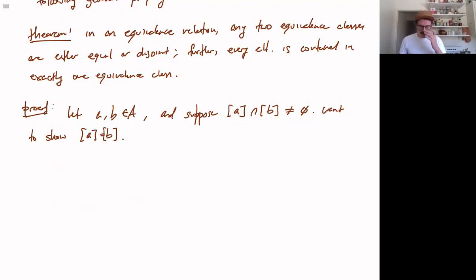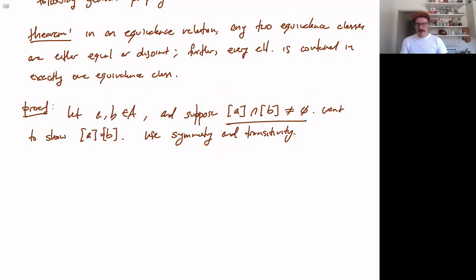So this basically comes down to using symmetry and transitivity. These are two of the defining principles of an equivalence relation. We're supposing they're not disjoint, which means the intersection is not empty.